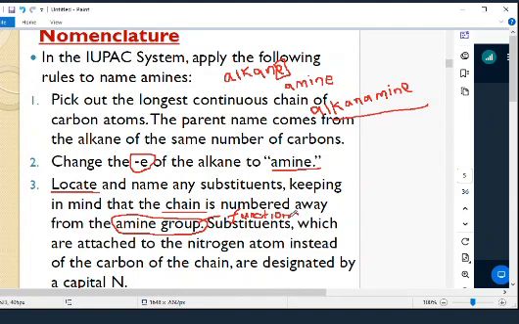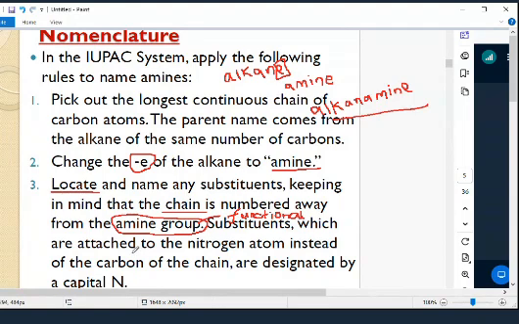So naming will always start from the carbon next to the amine functional group. We're going to see a few examples so that we can appreciate that.